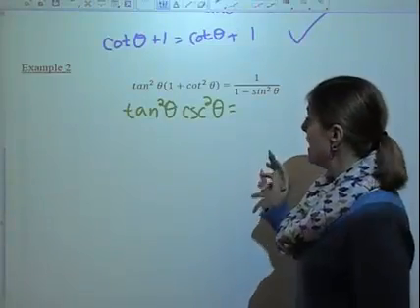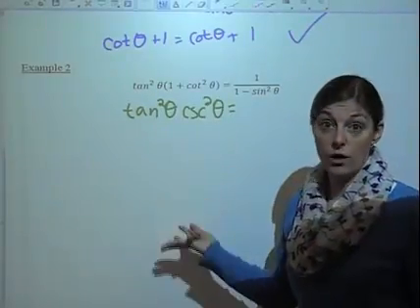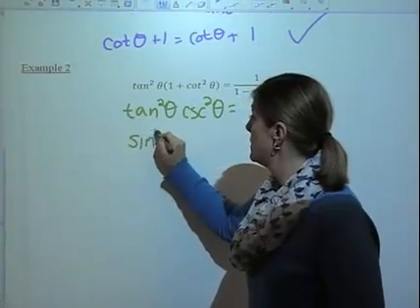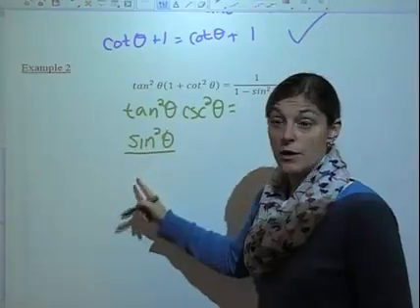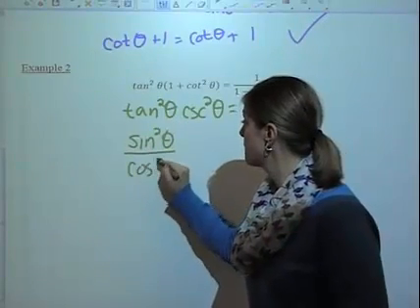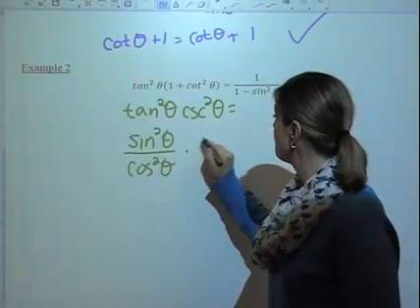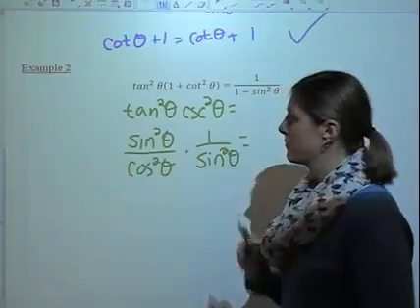All right, so then we can take these and turn them into sine and cosine. So tangent is sine over cosine. So remember, because it was tangent squared, it needs to be sine squared over cosine squared. And then cosecant squared becomes 1 over sine squared. Okay?